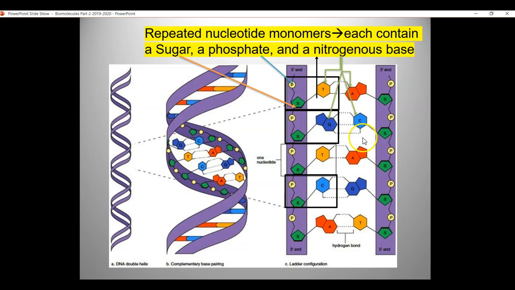That's not necessarily super important right now as long as you know that there is a nucleotide and it contains a 5-carbon sugar, a phosphate, and a nitrogenous base, one of the 4. So each one of these little black squares is one nucleotide. That would be the monomer. All of these together is your polymer or DNA strand, right here.